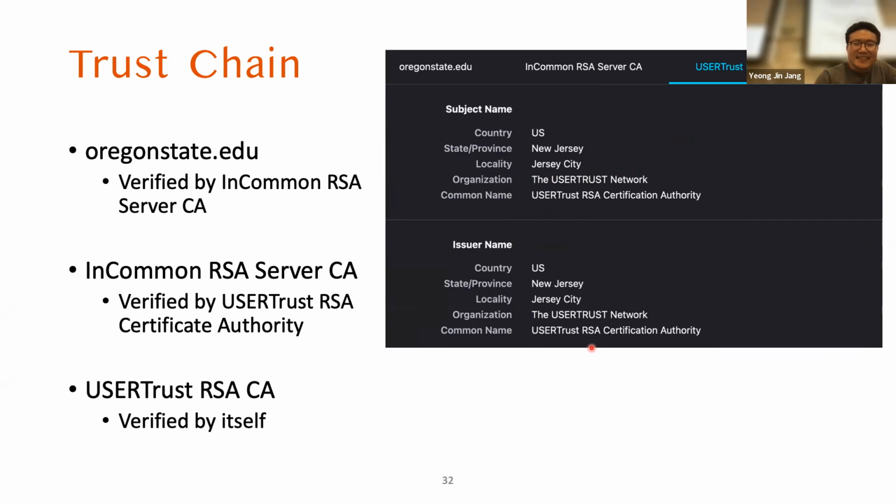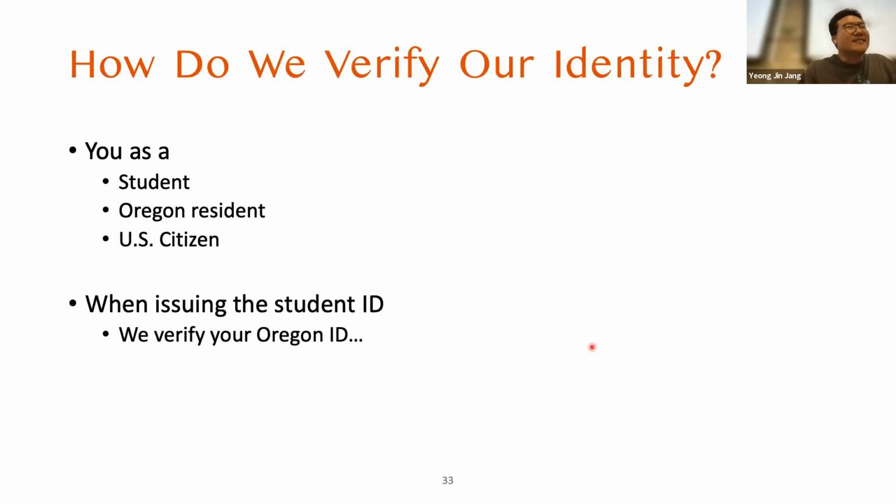Let's take a look at a real world example. We also use trust chains in the real world. Maybe you could be a student or an Oregon resident or a US citizen. When we issue the student ID, one easy way is verifying your Oregon ID, because we trust the Oregon government.